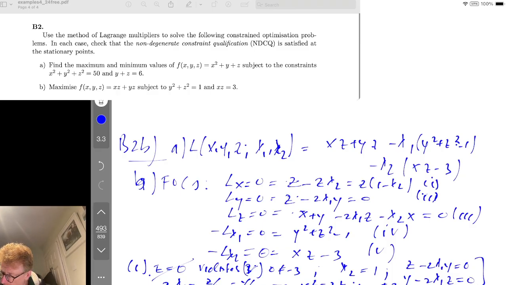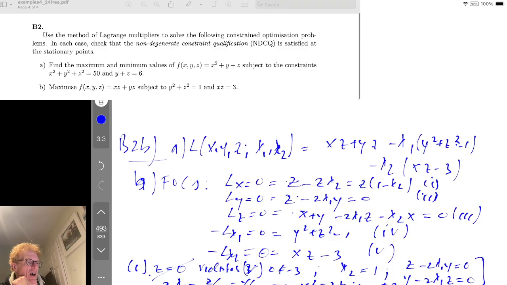So for y is z, for example, you can solve for lambda 1, and for y is minus z you can also solve for lambda 1.